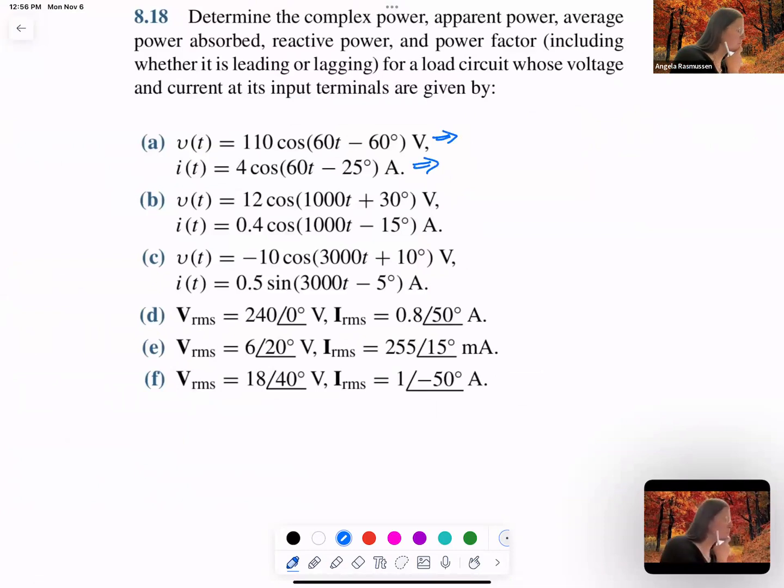So what will be the polar form for the voltage? Correct. So you're going to take the magnitude and then you just take the angle. So this is the phasor form of that. So what will I be?